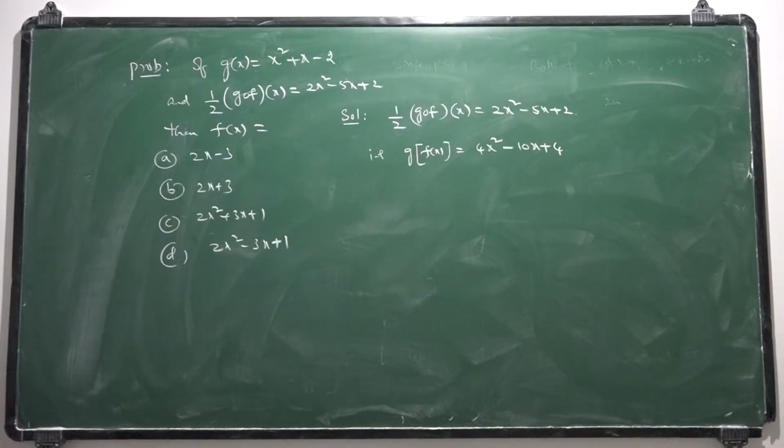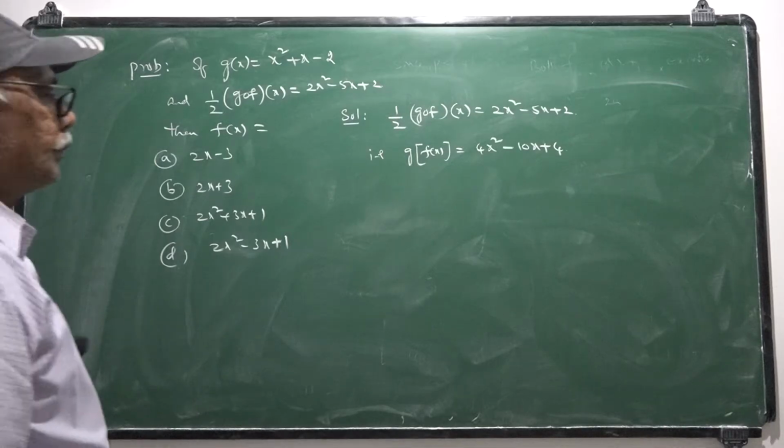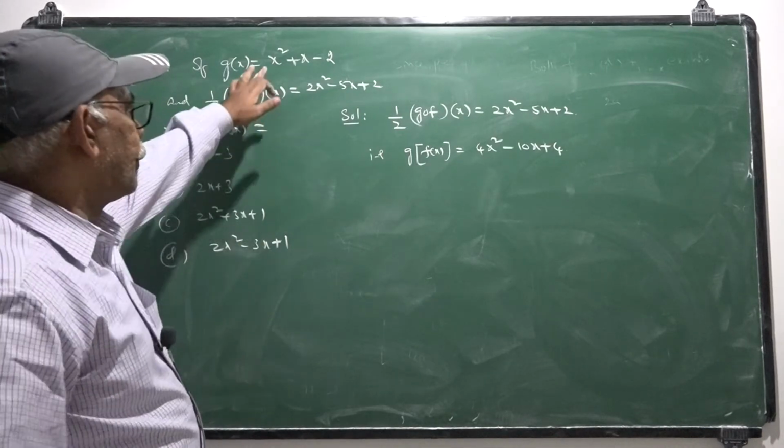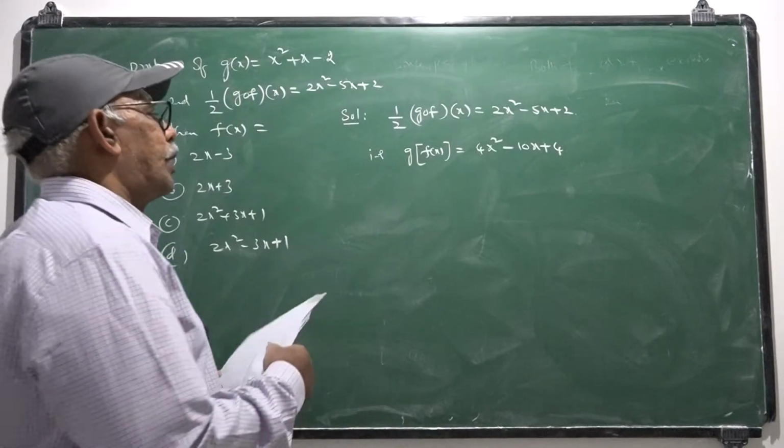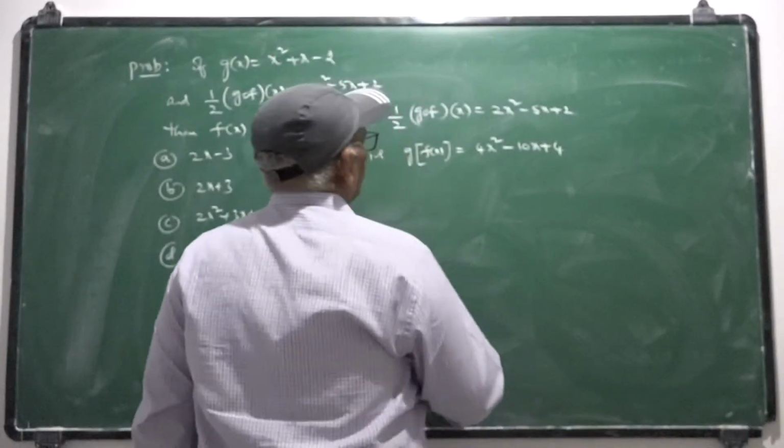G of f of x is f(x) whole square plus f(x) minus 2.